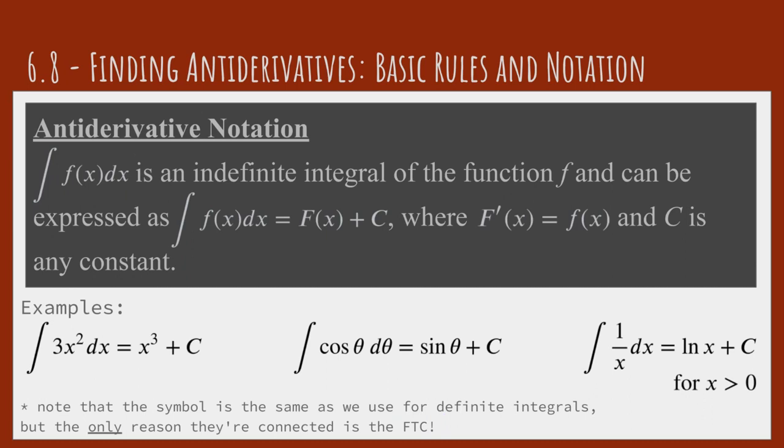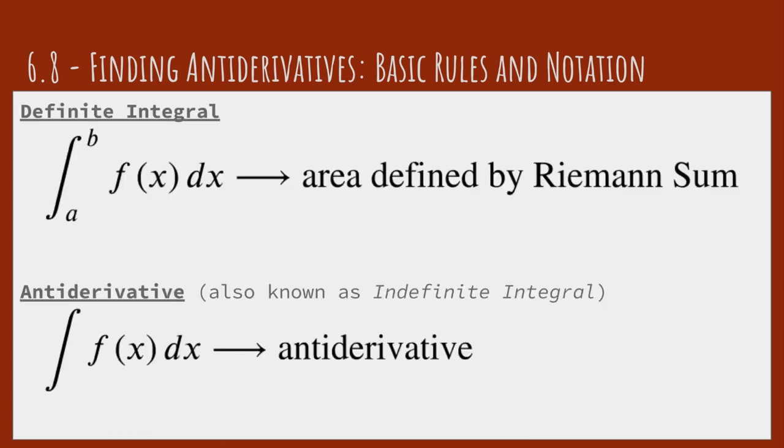They are connected with the fundamental theorem of calculus, which is why we use the same symbol, but I don't want you to think that that means that they are essentially the same thing, because they are not. So again, if we have the limits, that is an area defined by a Riemann sum. If it does not have the limits, that is an antiderivative, or what do we take the derivative of to get the integrand?